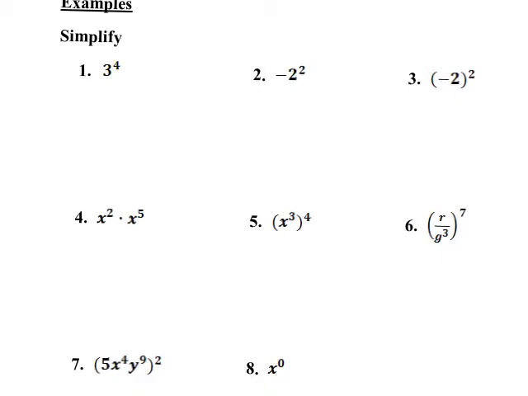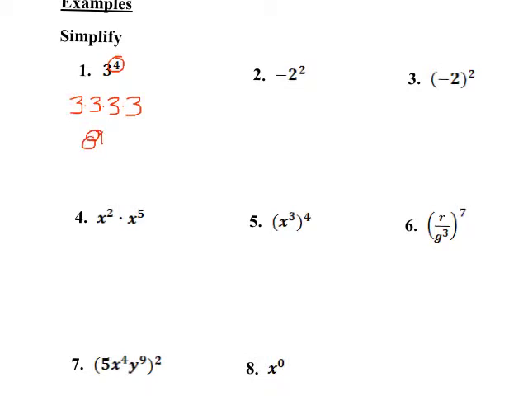Now remember, an exponent is just like a multiplication shortcut. 3 to the 4th simply means 3 times 3 times 3 times 3. So it's 4 of those 3's. And then if you multiply all those together, you end up getting 81.